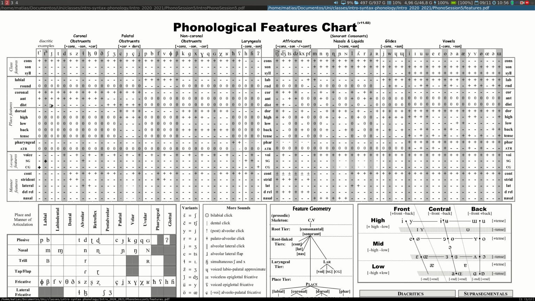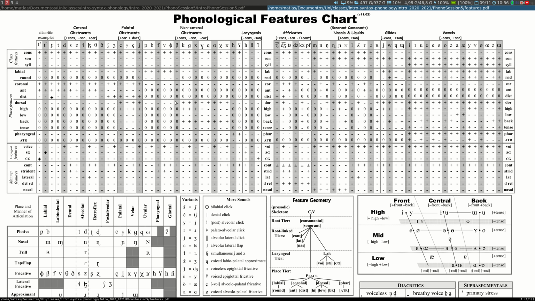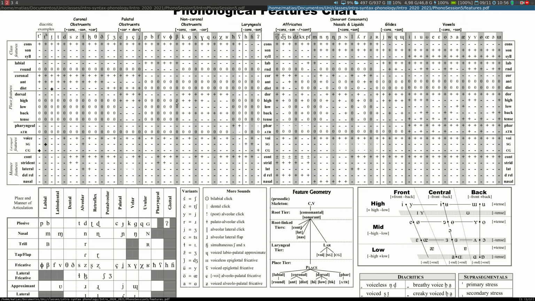You have distributed, which again is a different sort of distinction. Again, about being coronal or not, so it's exclusive with non-coronal ones. Then we come to dorsals. Remember, this was with the dorsum of the tongue, and here you're targeting these sets of sounds and these sets of sounds.